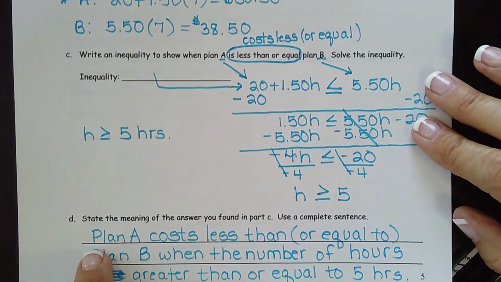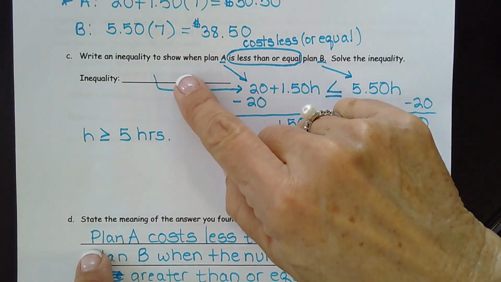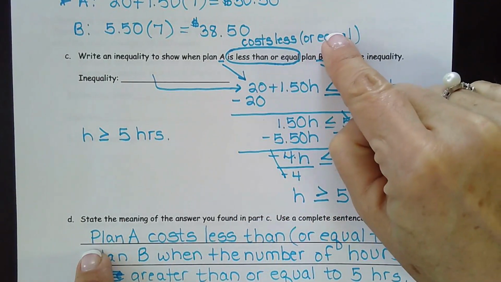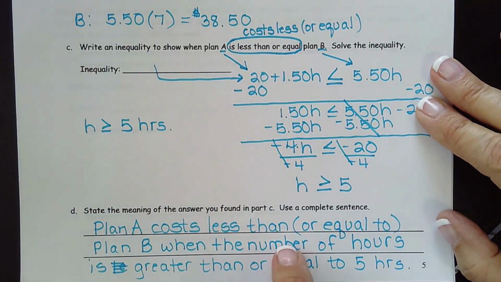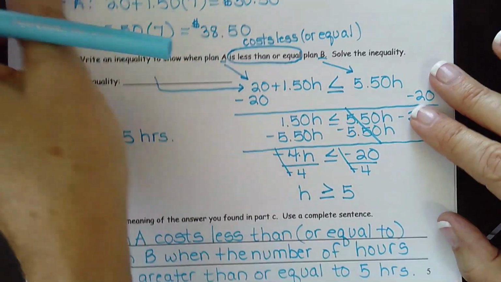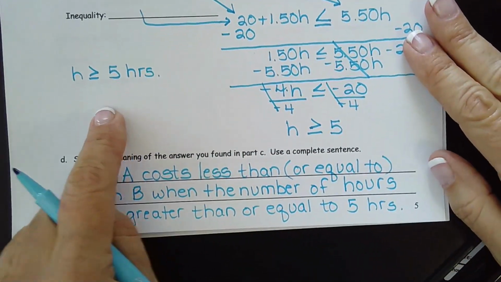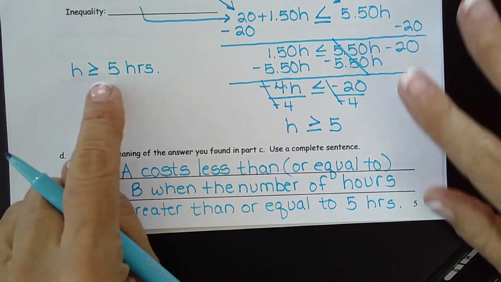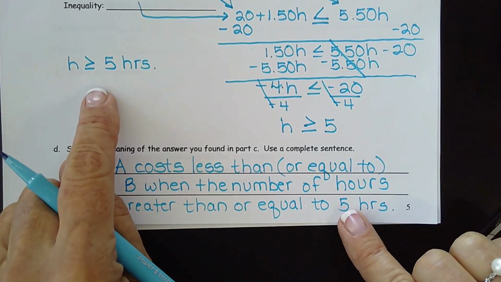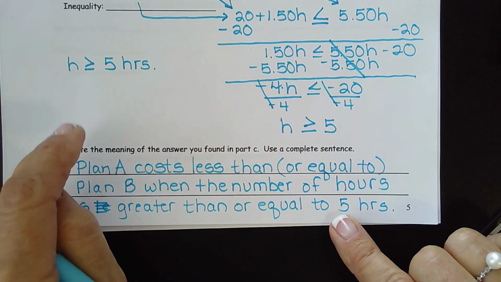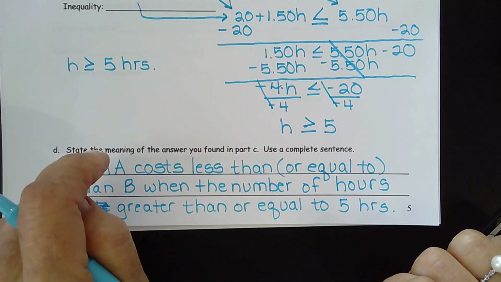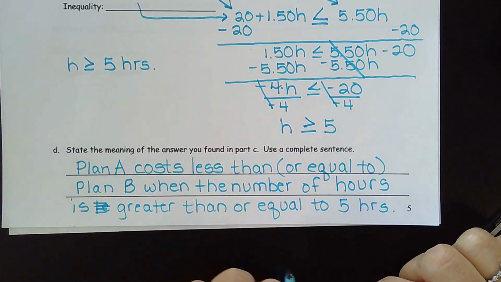So let's just make sure all the wording's right. Plan A costs less than or equal to Plan B when the number of hours is greater than or equal to 5. So at 5 hours, the two plans will cost the same. At 6 hours, Plan A's less. At 7 hours, Plan A's less. At 8 hours, Plan A's less.